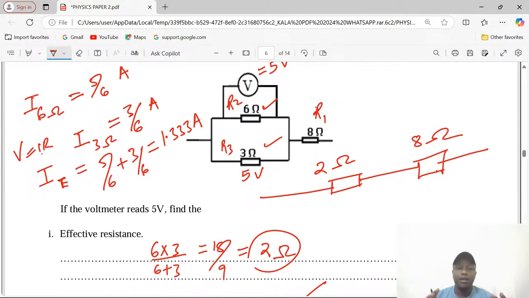Remember, in a parallel setup, when current is total at this point, it gets split now through here and also through here. So through the first case, we will have 5 over 6, and the other case, we will have 3 out of 6.